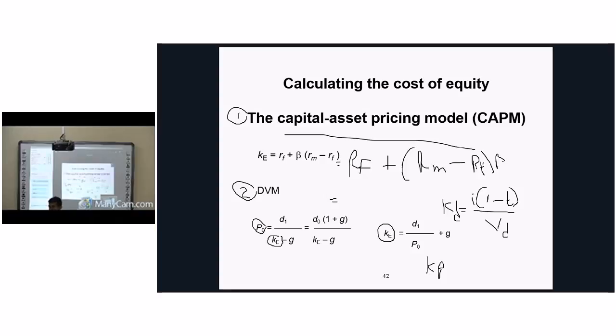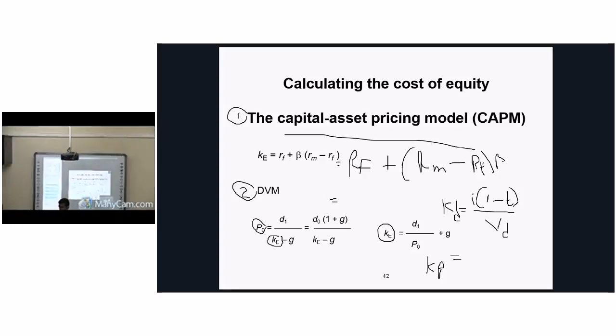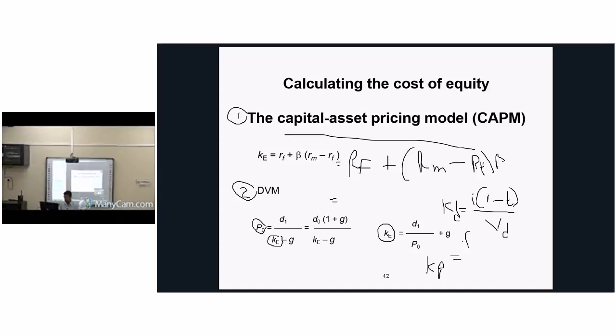So always if you've been given a fixed dividend, if you divide by the value of the preference shares, you can calculate the cost of preference shares. In other words, that's the fixed dividend.